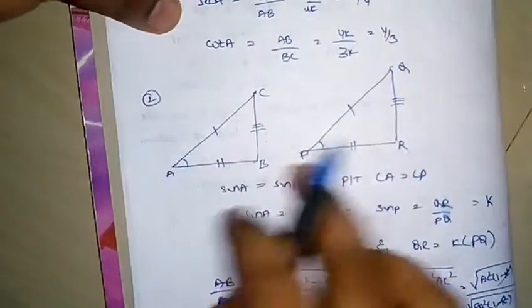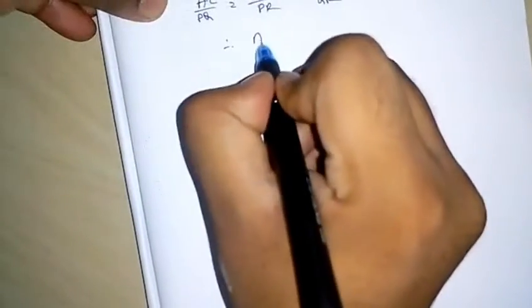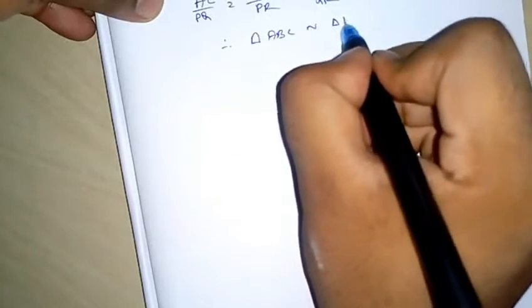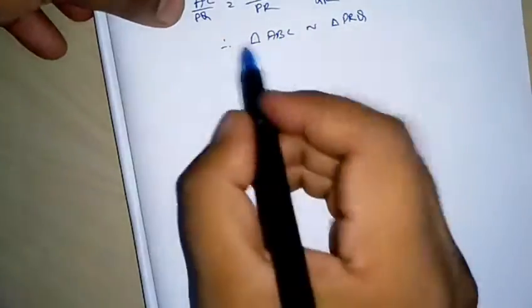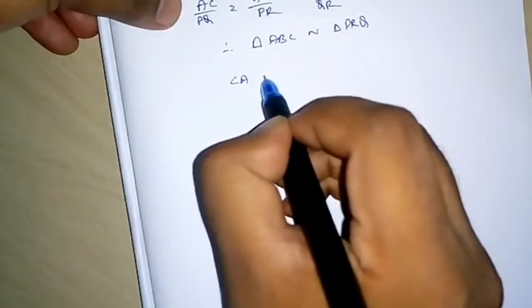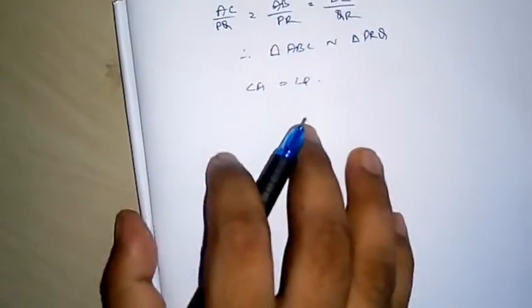You have proven that these are similar triangles. Therefore, triangle ABC is similar to triangle PRQ. This implies angle A is equal to angle P.